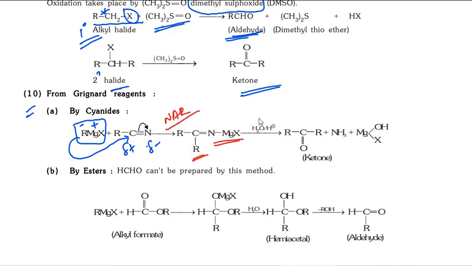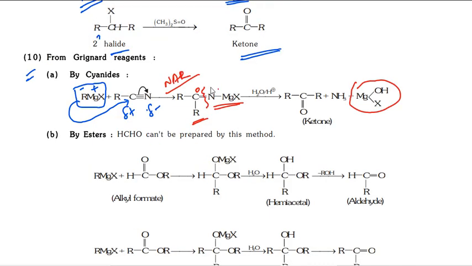Okay, then further we do hydrolysis. In this hydrolysis, what's happening here? It becomes C double bond O, just oxygen. See here, in the hydrolysis, H OH, H OH, two times, since two double bonds are there.